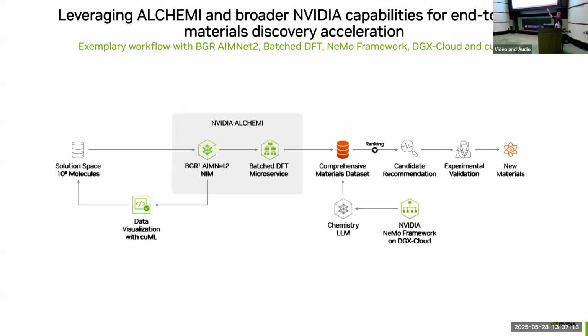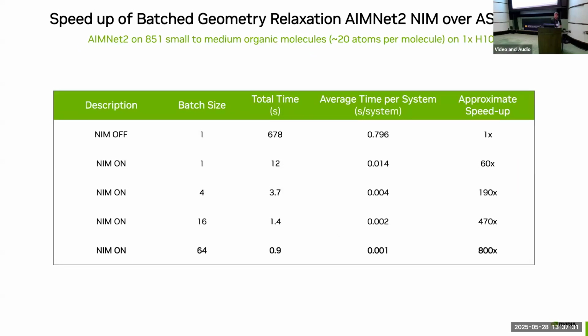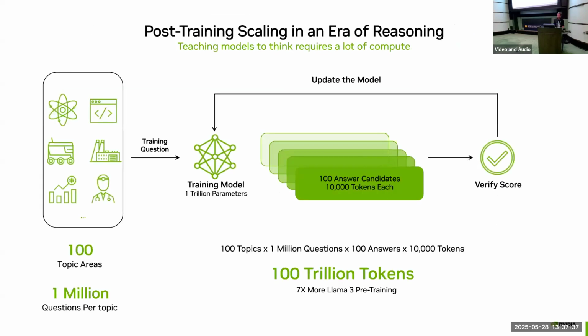So again, this is about data set generation, which can then be fed into things like different ranking models, candidate prediction, and then even interacting with a chemistry LLM front end, right? So it's a piece of the puzzle, but simulation is foundational, and this just shows some of the contributions in the material space. And yeah, the speed ups. I mean, 800x sounds crazy, right? And it's again because of that batching.